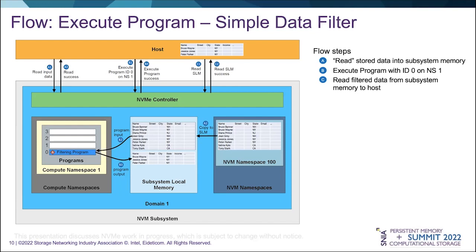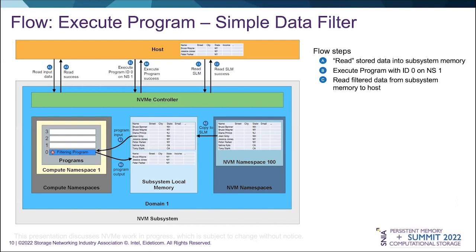Now, the way in which we do work is also aligned with the way NVMe or NVM Express works from an architectural point of view, i.e. the host issues commands against namespaces behind a controller. So in this diagram, we actually have three commands being executed, and I'll walk through those in turn. There's the A command, the B command, and the C command.